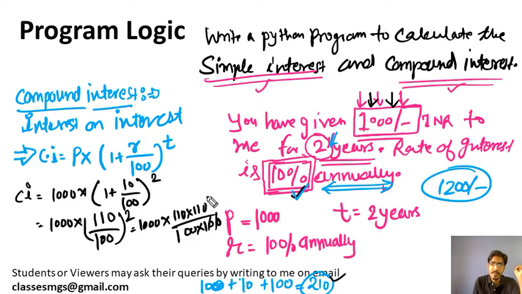We cut these zeros. Now 1 into 1 into 10, what will be? 1210.